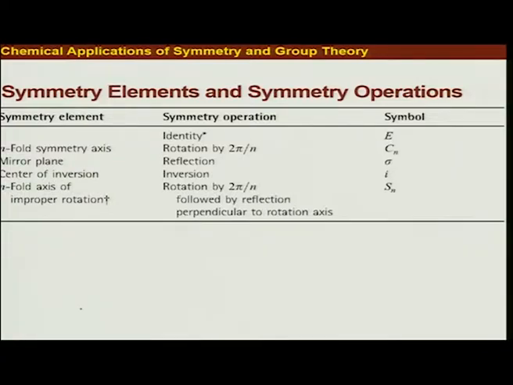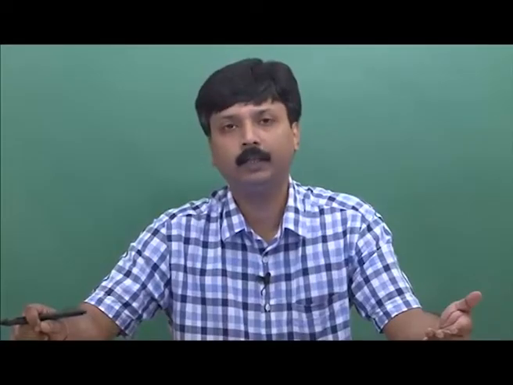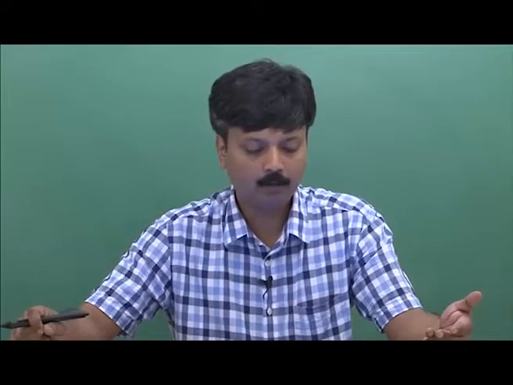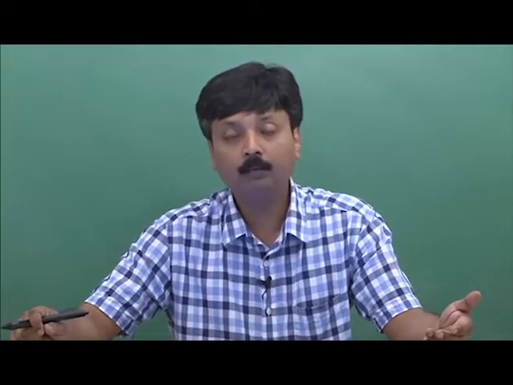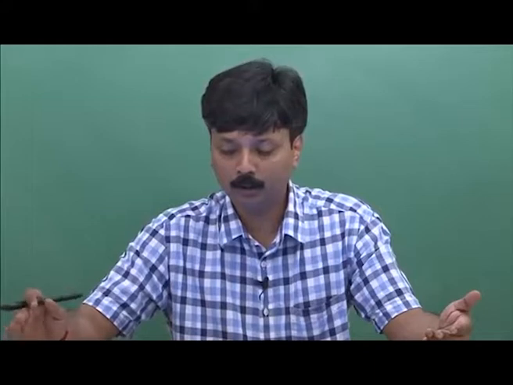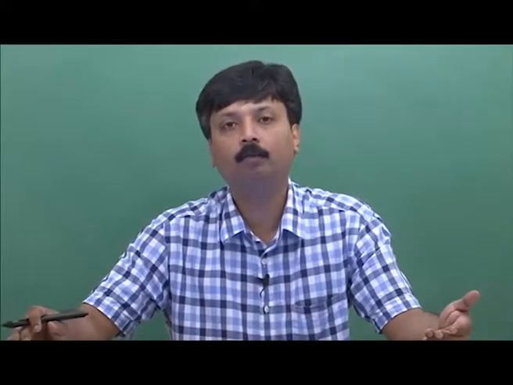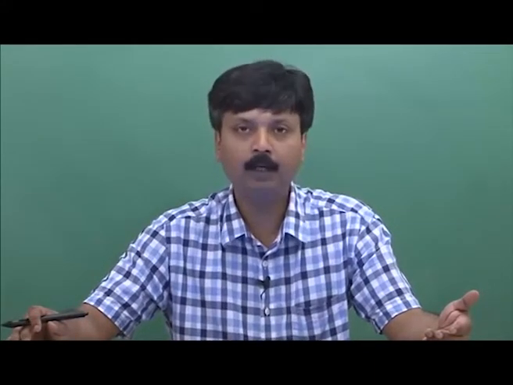Within the proper axis of symmetry, we learnt about the principal axis of rotation, that is the highest order proper axis of rotation. And we learnt about inversion symmetry, that is the element was center of inversion, and we also learnt about the mirror planes.